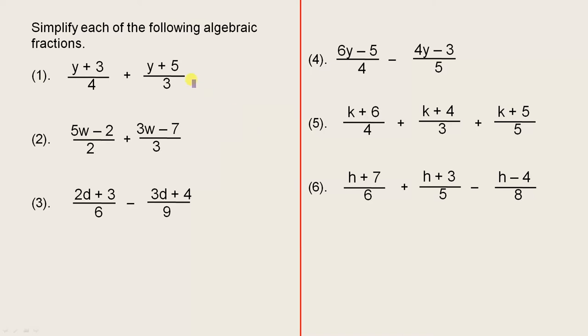So this lesson here is similar to a previous lesson we had, so the principles are exactly the same. The important thing is to look at the denominators for each of the algebraic fractions, and we have to go through a process where these denominators end up to be the same, and then we're allowed to add the algebraic fractions together.